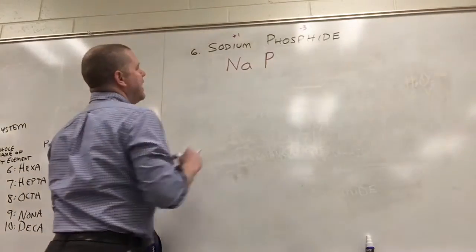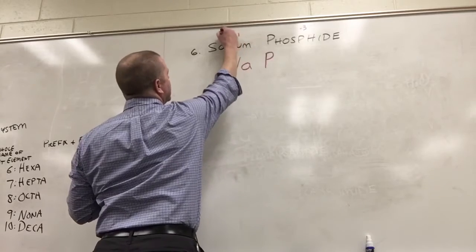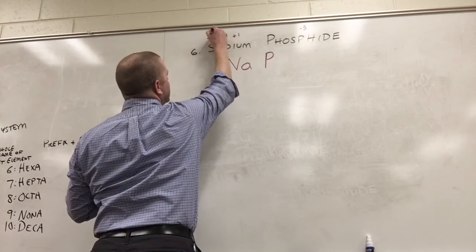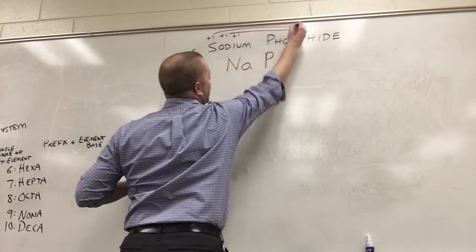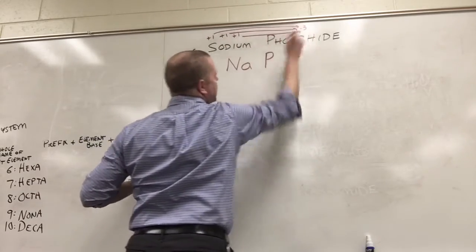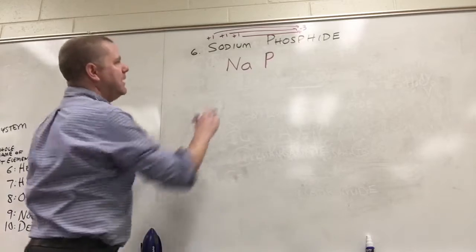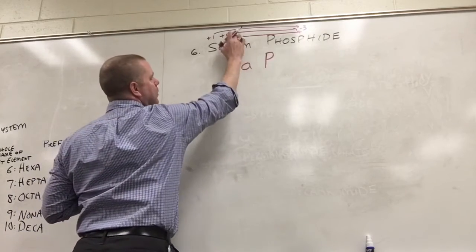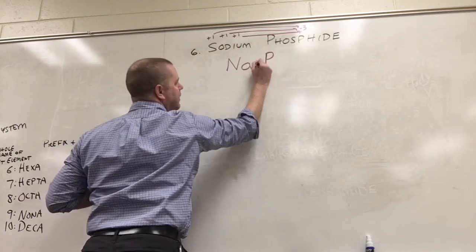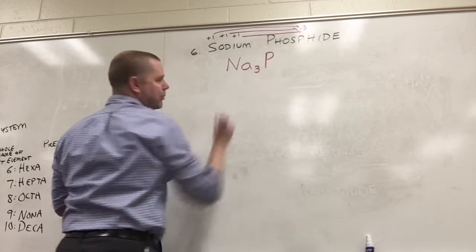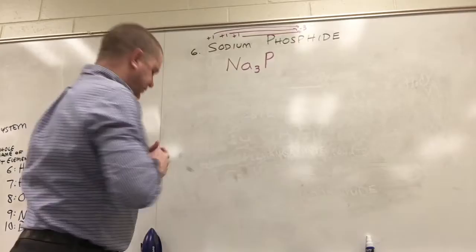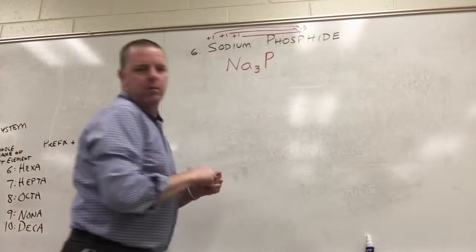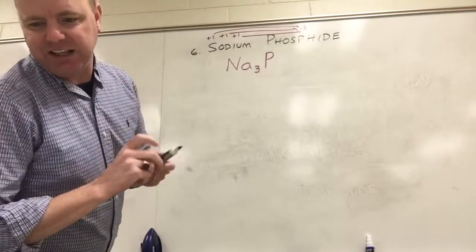So it says, sodium, go get another sodium, and go get another sodium, then I'll take 1 from that sodium, 1 from the second sodium, and 1 from the third sodium. How many sodiums did it take? It took 1, 2, 3 of them. That's why this is Na3P for an answer.